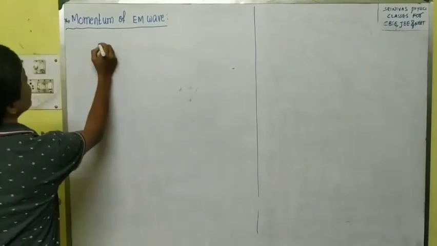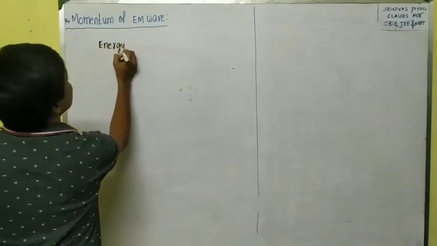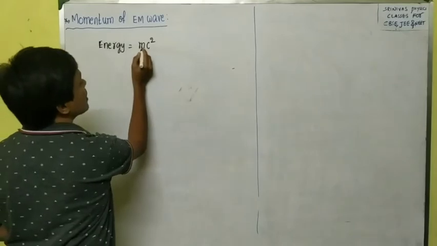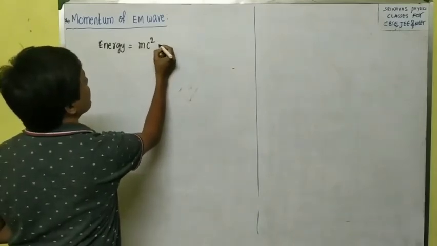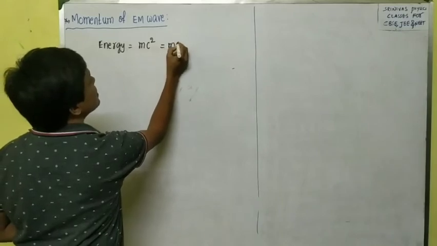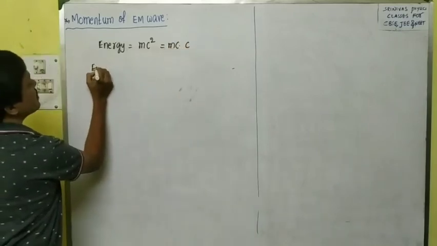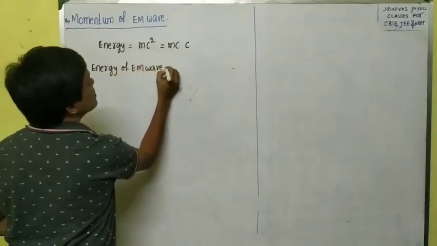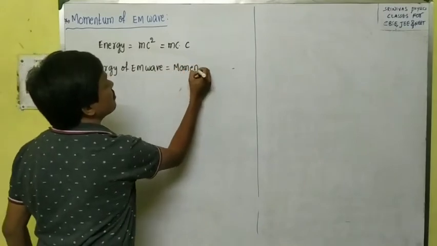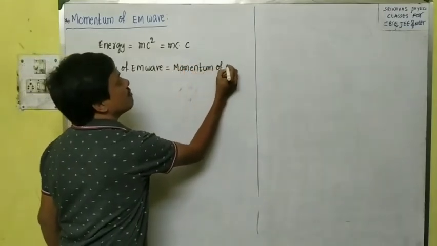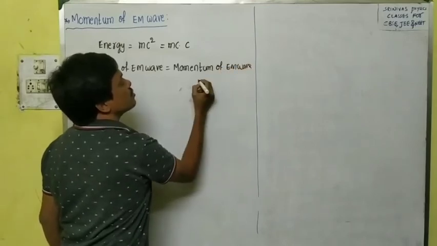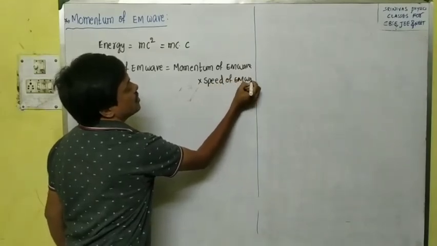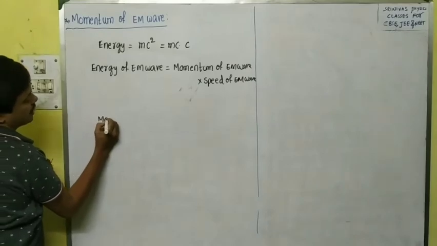Equivalent mass of EM wave is m, and this is from the Einstein equation. We write this as mc into c. This energy of EM wave is equal to mc, which we can take as the momentum of EM wave, into speed of EM wave. Then from this we write the momentum of EM wave.